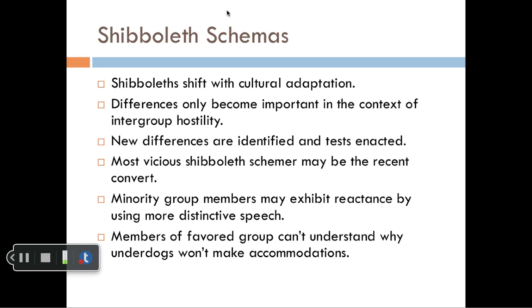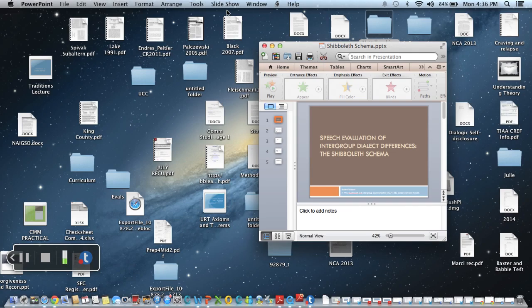In a sense, this is to exert the type of power that dominant groups are able to exert, where they say, you either accommodate to us, or it gives us a right to continue to discriminate against you. If you can't speak this way, then we have a complete right to discriminate because you have the ability to do otherwise.